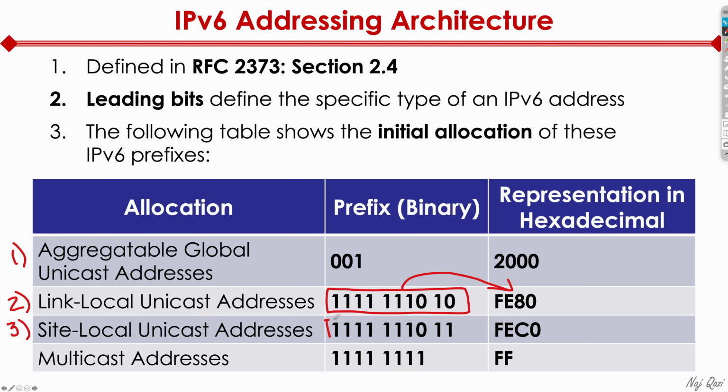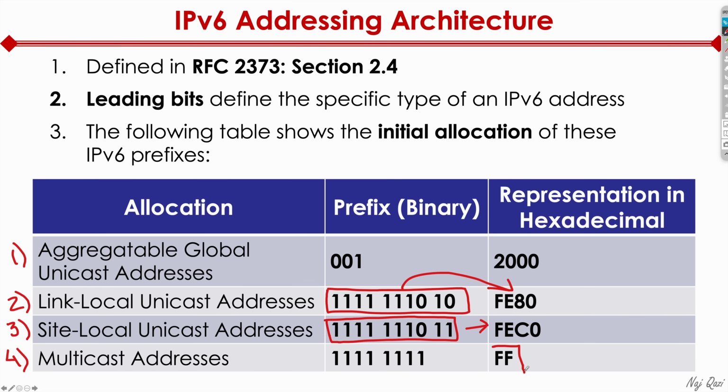And here's how the sequence is specified, and it should translate to FEC0. And finally, we have the multicast addresses.